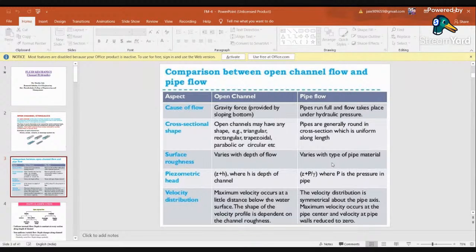In an open channel, the cross section may be of any shape from circular to irregular forms also. Irregular forms occur in natural streams, which may change along the flow direction. But in a pipe network, the cross section of a pipe is usually circular, or of a uniform section.